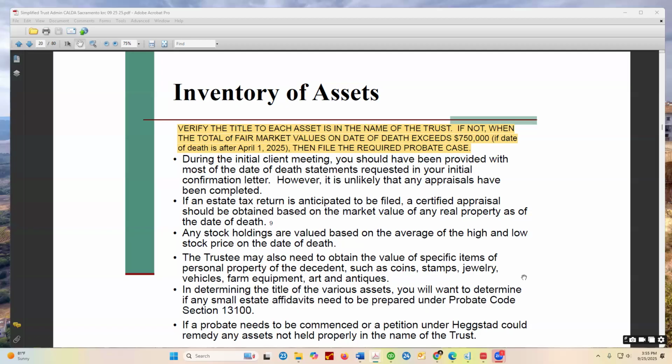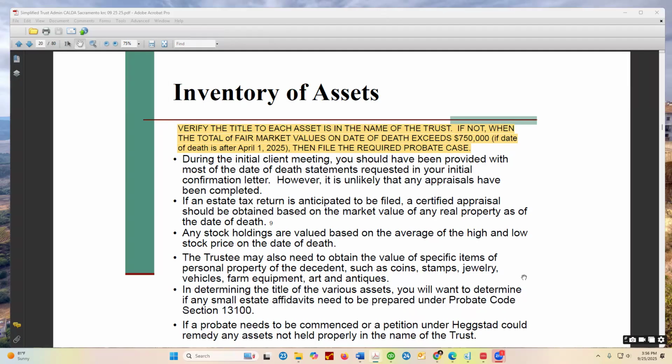Sometimes we'll run across a situation where someone had property in their trust, then they refinanced their house, and at the end of getting the new loan, they forget to put the house back into the trust. And they die when it's outside the trust. Normally that would cause a full probate.